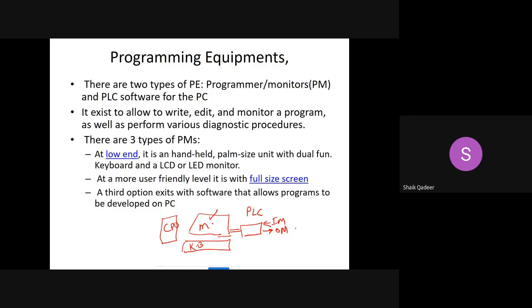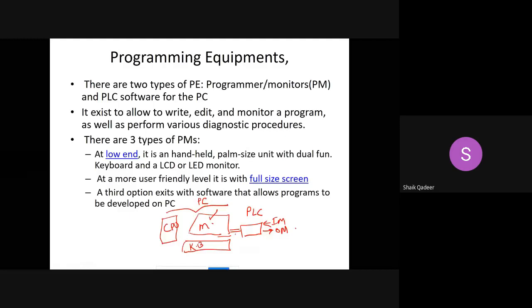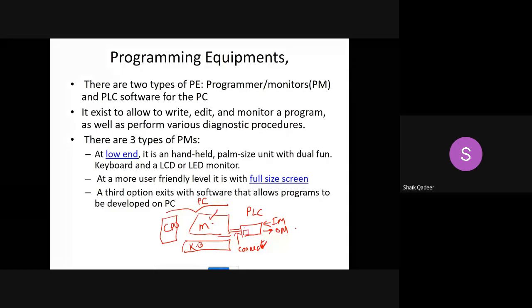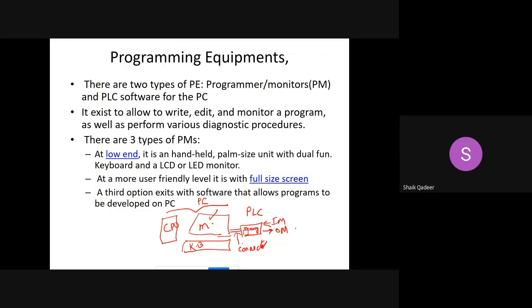We write the program with the help of this personal computer, PC. Then we move this program through a connector into the PLC. The PLC has one small memory, an application program memory, in which the program we want to execute can be placed.